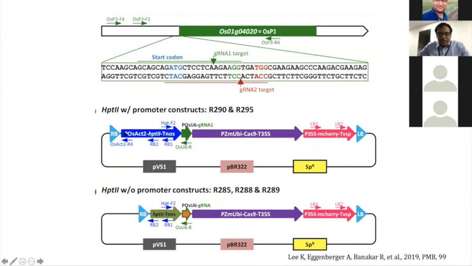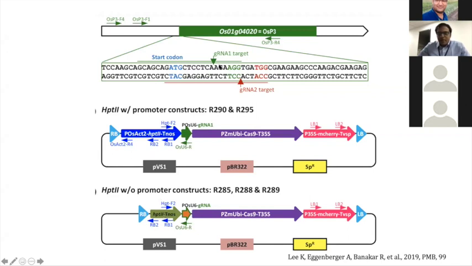Then we also created 2 constructs for hygromycin phosphotransferase, which is a selectable marker for rice. One construct was driven by a promoter, whereas the other construct was not driven by a promoter.